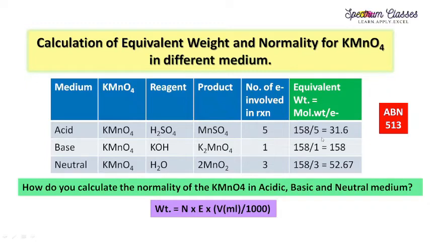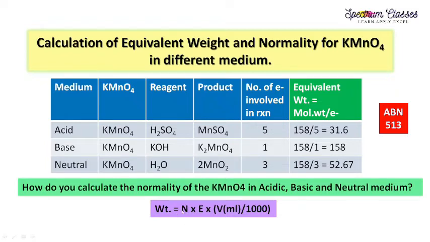And now we come to the question of how we are going to calculate the normality of KMnO4 solution in different mediums. So here I am giving you the simplest formula to calculate the normality of a given compound. Here you have weight. If weight is given, you can calculate the normality.